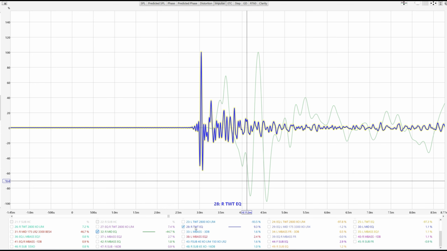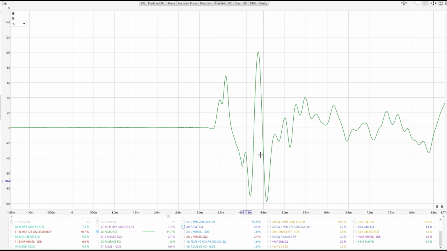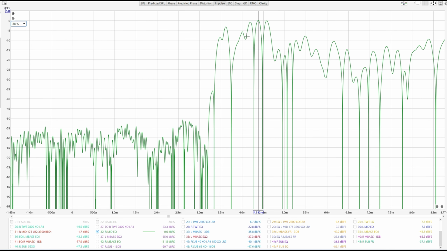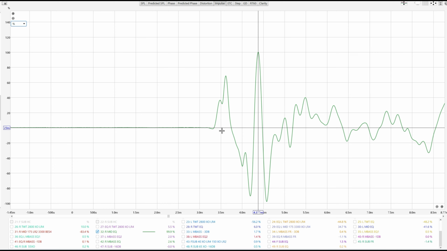So if I just look at the mid, once again, here's the peak. It's hitting that 100 mark. You can flip this around, and once again, you can see the tallest of the peaks is the one we're looking for here. So that's another way of looking for it. Now, from the beginning of the response, it's at 3.34 milliseconds, and the peak is at 4.3.